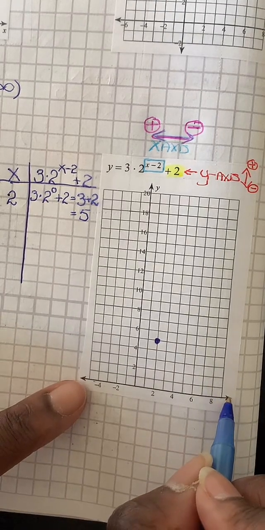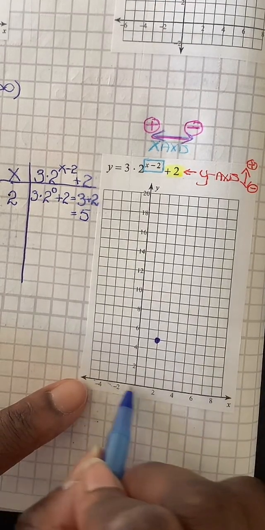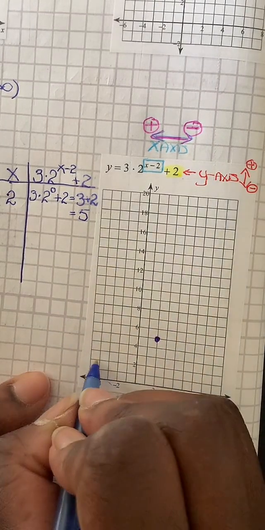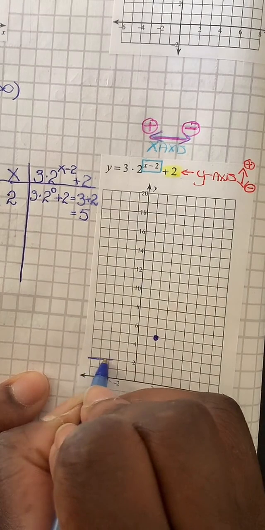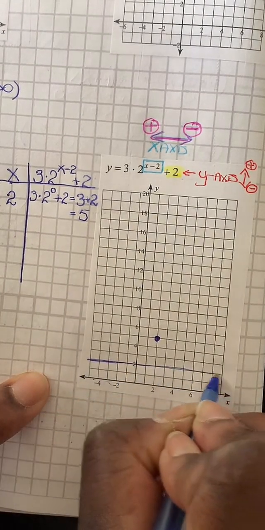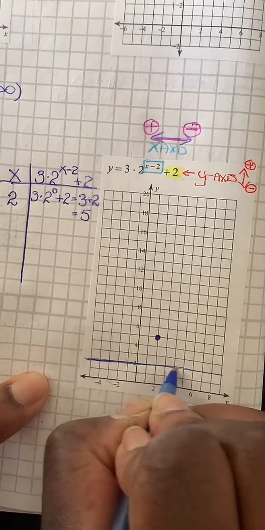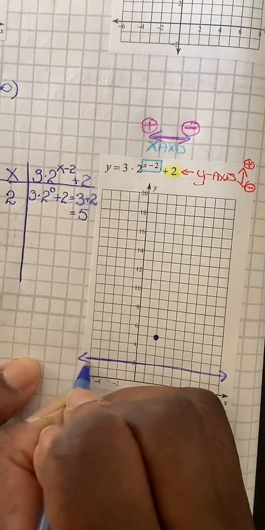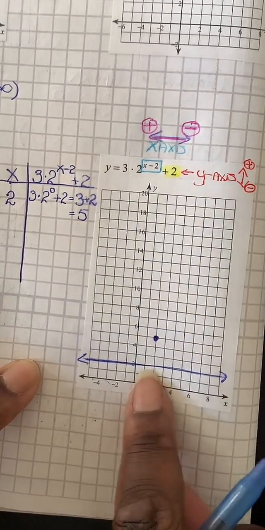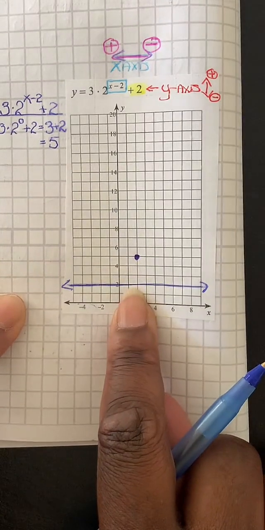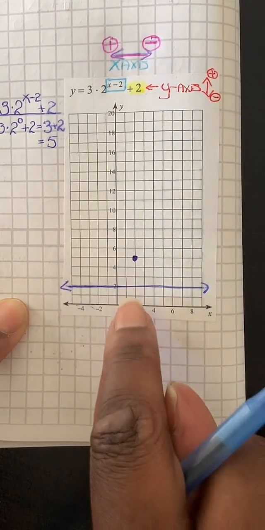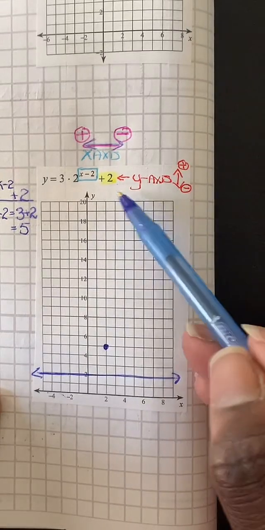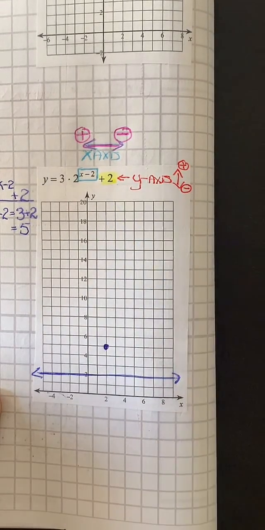So that means we also moved the asymptote that was the x-axis up 2 units. So this is your asymptote. That's your boundary line. So that means your graph can get as close as it can to that boundary line, but it's not going to cross it. And the reason why, because we went up 2 units.